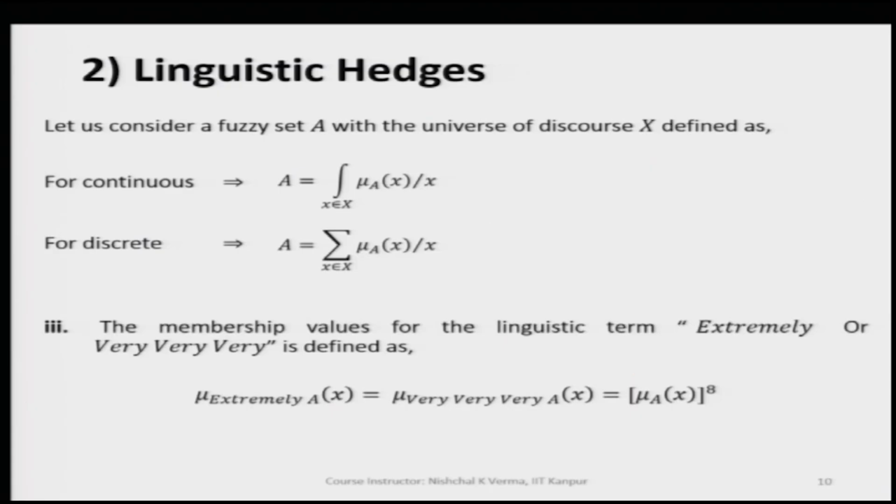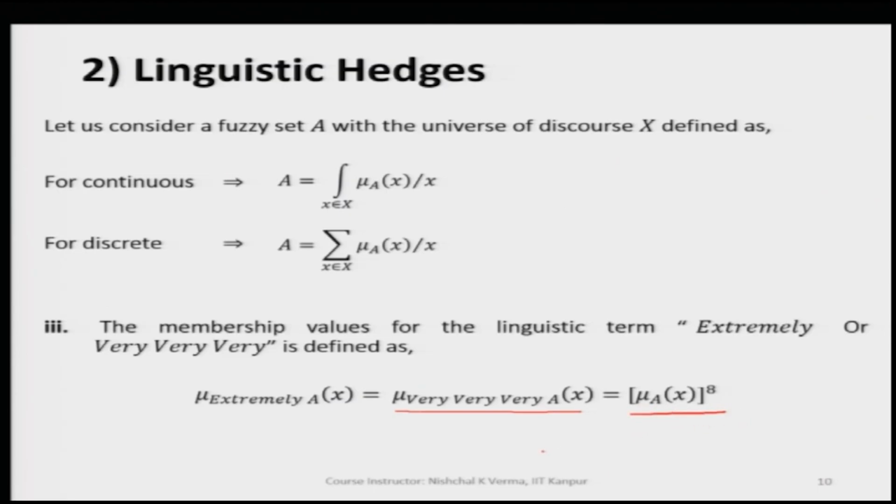Similarly, when we want to find the membership function of extremely, if the hedge is extremely, then this is basically mu very applied 3 times, so it becomes mu a of x raised to the power 8.